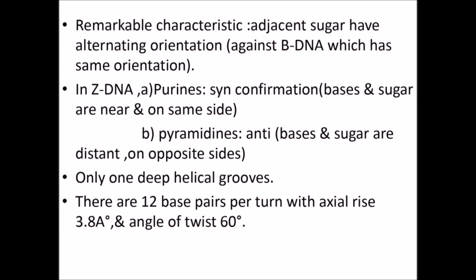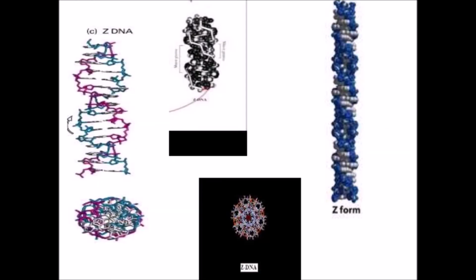In Z-DNA, purines are in syn conformation, meaning base and sugar are near or on the same side. Pyrimidines are anti, that means bases and sugars are distant, on opposite sides. Only one deep helical groove. There are 12 base pairs per turn with axial rise 3.8 angstrom and angle of twist is 60 degrees. See, these are the various representations of Z form of DNA.